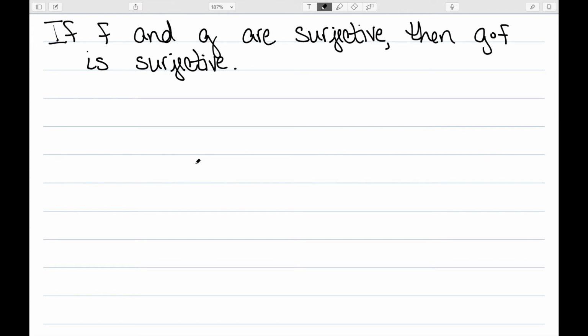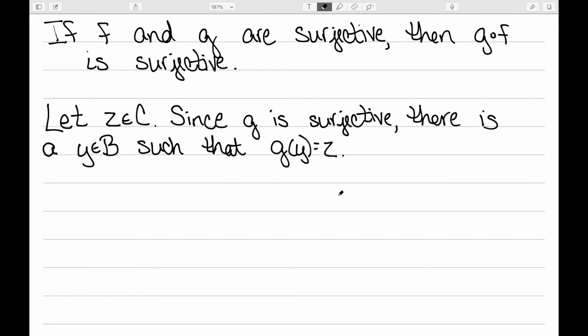The next piece: if f and g are surjective, then g of f is surjective. If both my functions are surjective, then the composition is. Let's let z belong to my set C. In order to show that g of f is surjective, I need to show that there's an element x in A that maps onto z. Since we know that g is surjective, there must be an element y in B such that g of y is equal to z.